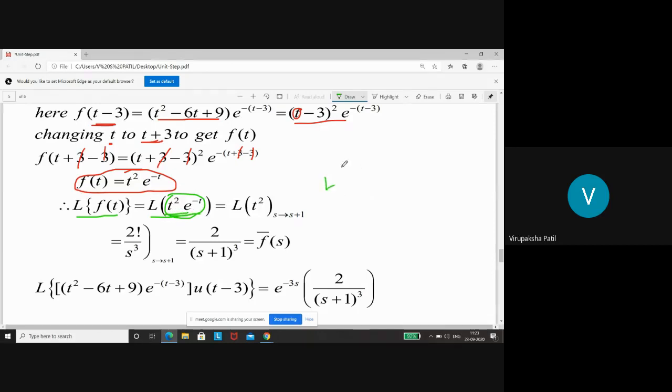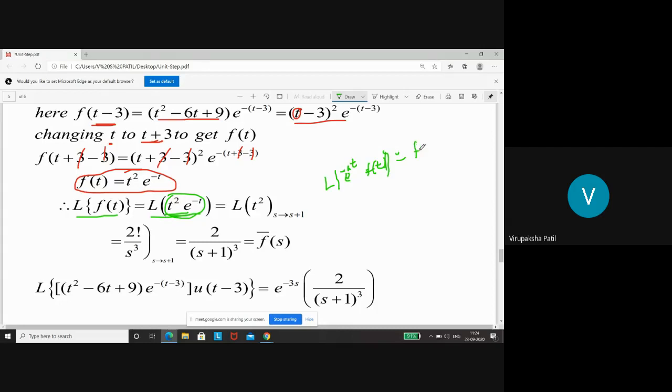What does the shifting property say? Do you remember or not? Laplace transform of e to the power at, or you can take minus at, into f of t is equal to what?